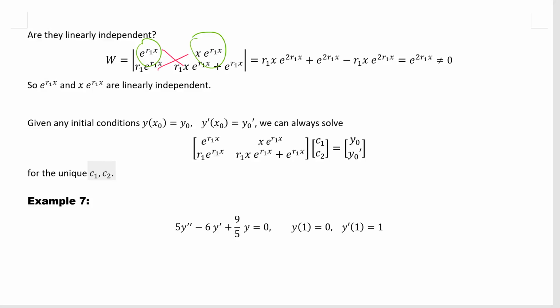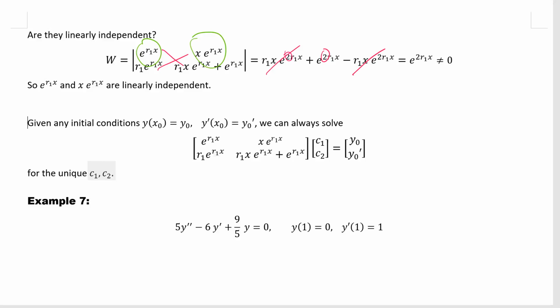You get 2 copies of r1x in the exponents, and e to the r1x times e to the r1x is e to the 2r1x. And then subtract r1x times x and e to the 2r1x. So you can see this guy and this guy cancel. We only have e to the 2r1x, and the exponential term is not equal to 0. So those two solutions are linearly independent.